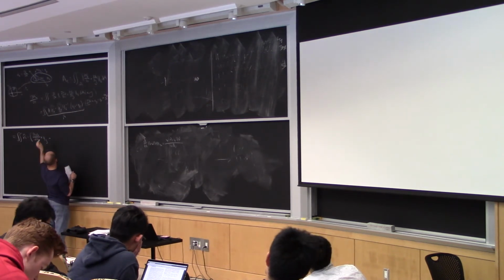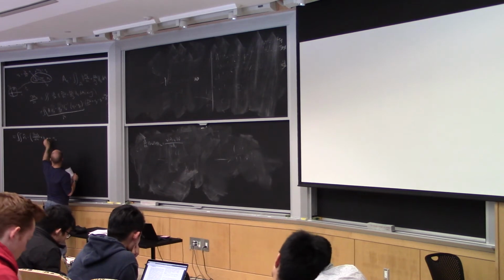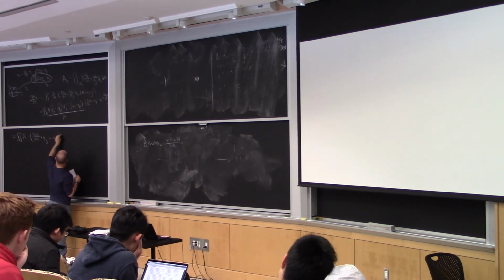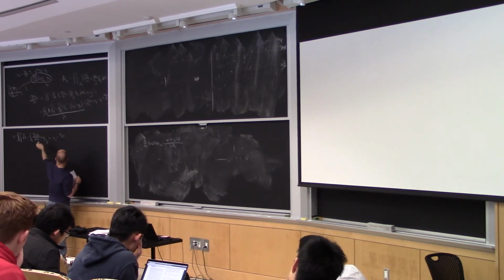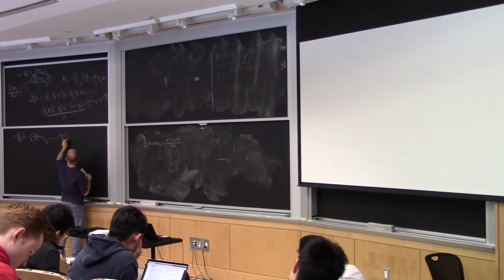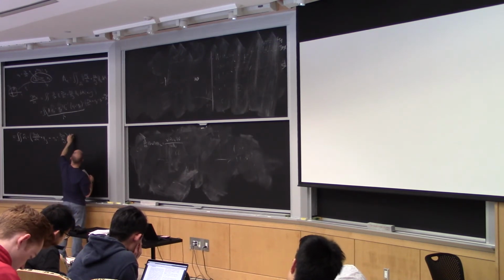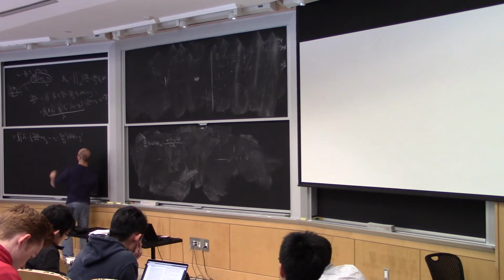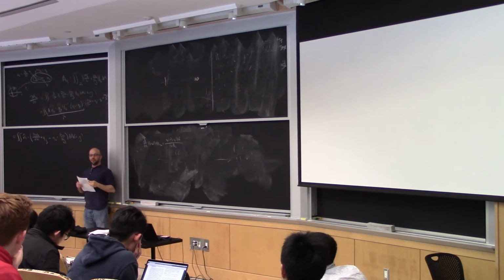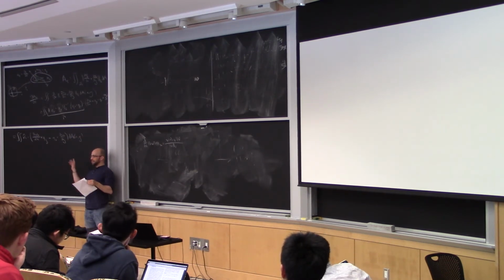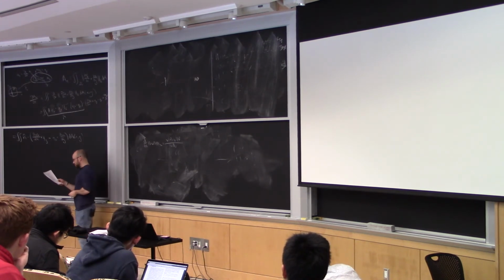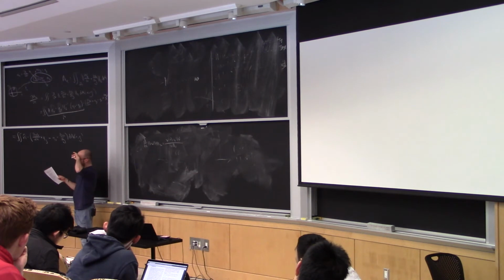Plus qx cross product dw/dy. Cool? Notice we're doing all kinds of sneaky tricks. We're basically rearranging stuff all the time. Yeah? Okay. Fabulous. We're halfway through my notes.